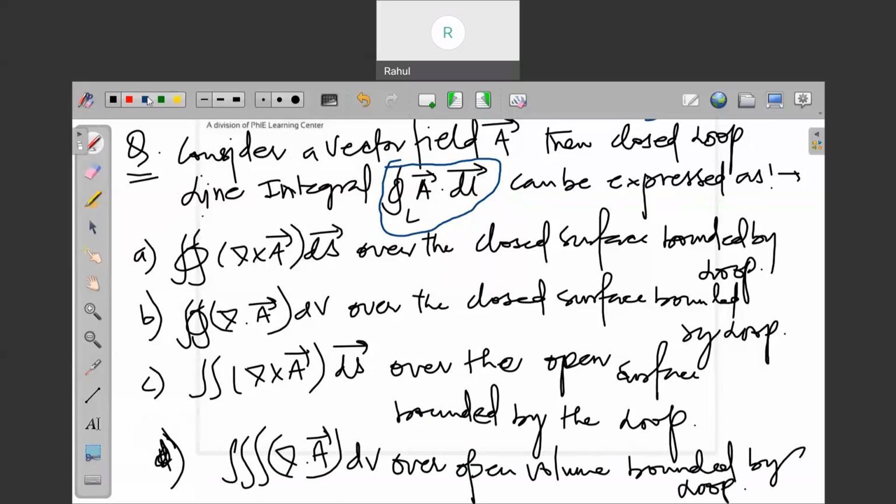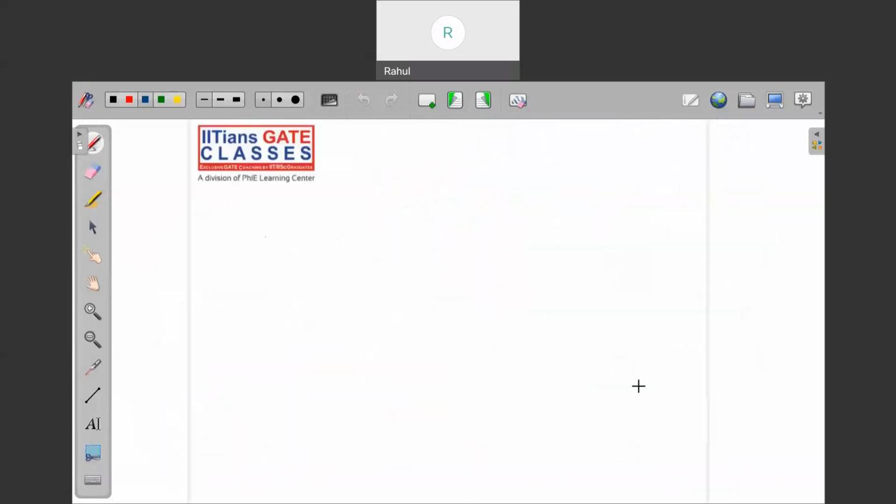So which option is going to be correct for this question? Option C will be correct here, because this is the only answer, open surface. So please always recall Stokes theorem. I hope this is clear for everyone, right?